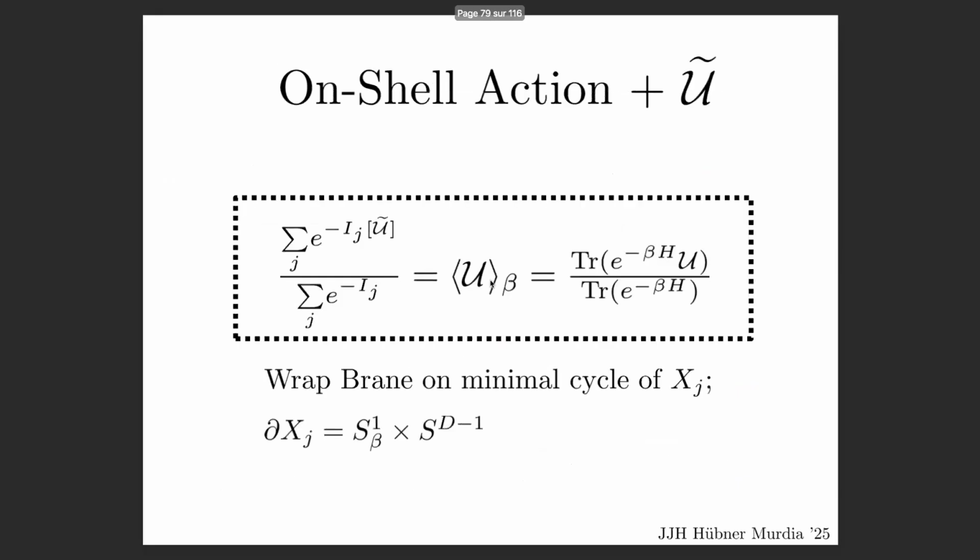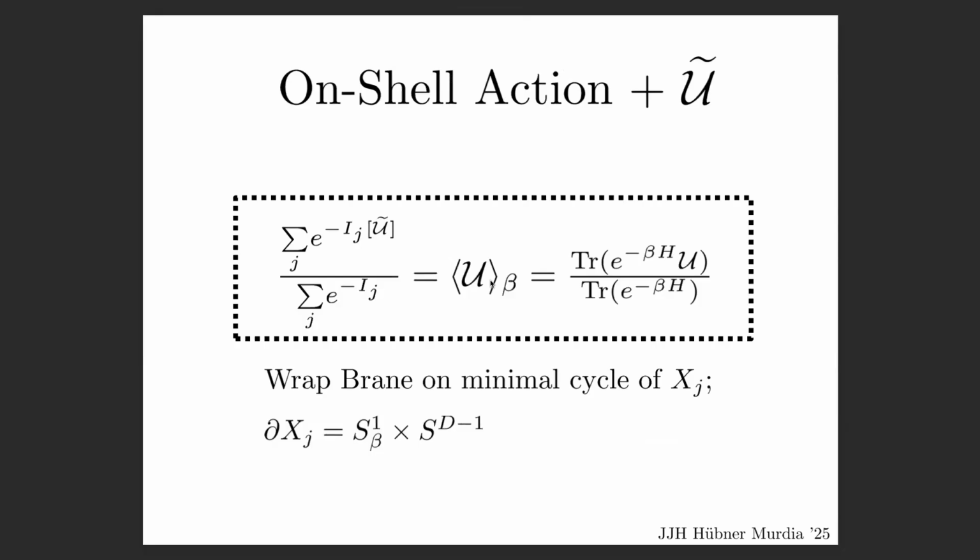Now, why is this interesting from the point of view of what we've been talking about? Well, you can wrap a brane on the minimal cycle, but actually the cycle that you have in the bulk changes depending on what you've done with the temperature. So in one case, we had thermal AdS, and in one case, we had this black hole background. So if I gave you a zero-form symmetry operator for the CFT, then in the black hole background, it could wrap the outer horizon.